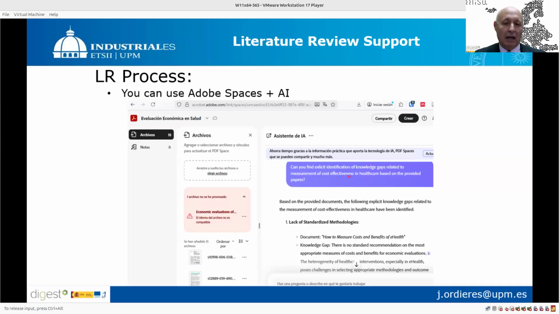In that particular case, what Adobe is doing is using a generic LLM with a prompt where the system specifies what is allowed to be done and what is forbidden. The main and strict rule is to be related to what is written in the provided documents, nothing else. The answer is always like, based on the provided documents, the following explicitly happens, and so on. So this is an excellent tool for triangulation.